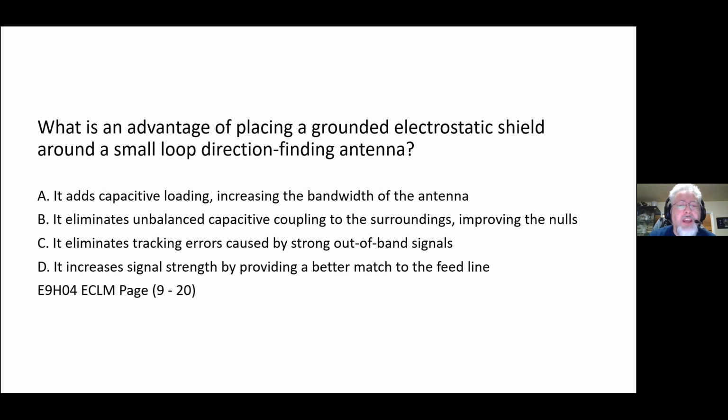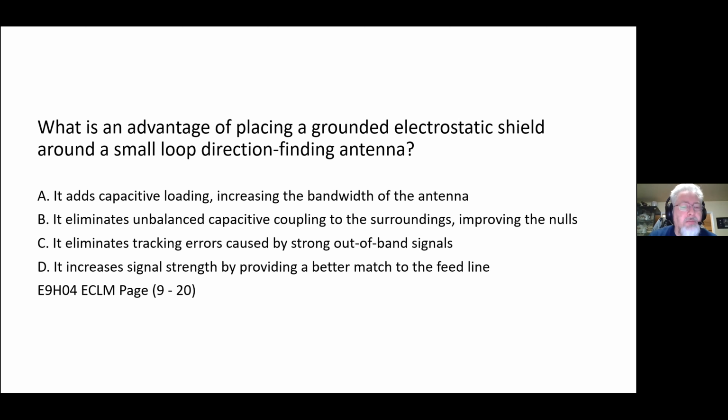What is an advantage of placing a grounded electrostatic shield around a small loop direction finding antenna? A, it adds capacitive loading, increasing the bandwidth of the antenna. B, it eliminates unbalanced capacitive coupling to the surroundings, improving the nulls.